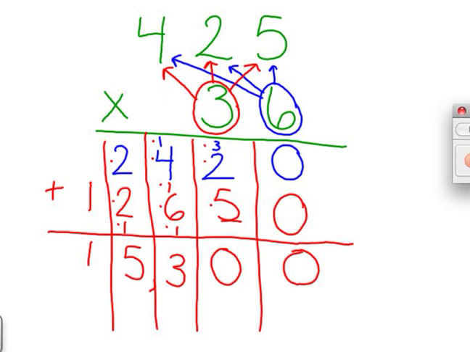Okay, let's do one more just to make sure you have it. Let's do a 3-digit by 3-digit number this time. So if you have 275 times 572.